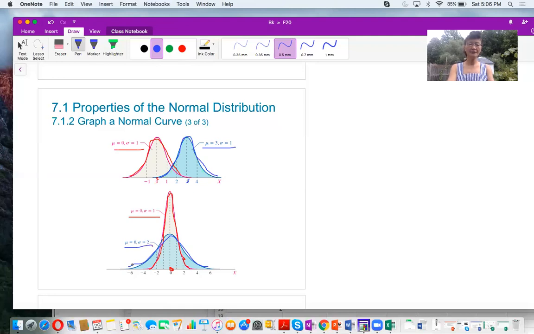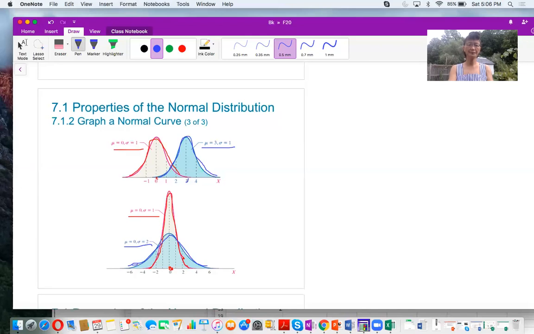That means the blue graph is more spread than the red graph. The blue one has 2 as standard deviation, the red one has 1, but both have population mean equal to 0. So as you can see, the standard deviation measures the spread of the data. The bigger the standard deviation, the more spread. The smaller the standard deviation, the more concentrated the data.